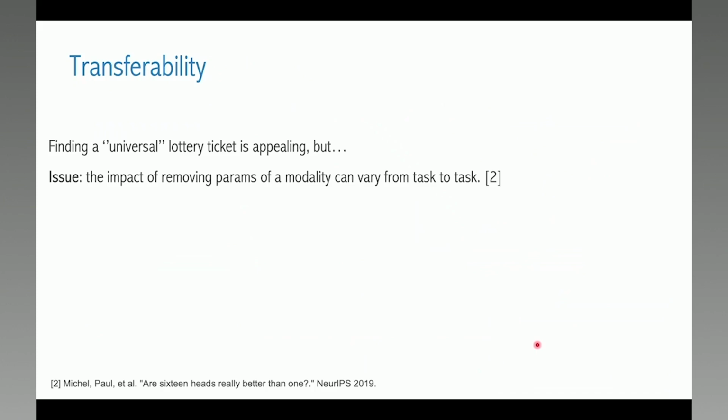I want a universal lottery ticket for my vision language model. I want to ensure transferability to multiple tasks. And as you may imagine, this is challenging because the network can be used for visual question answering with respect to another downstream task that could be retrieval, for instance.